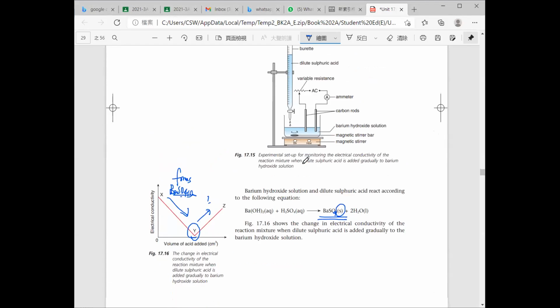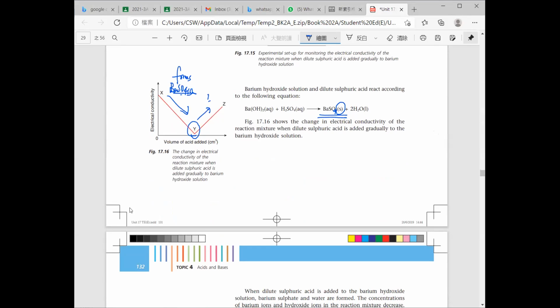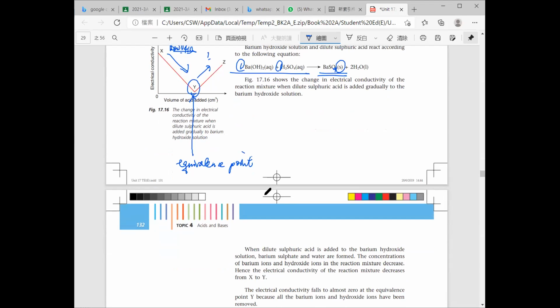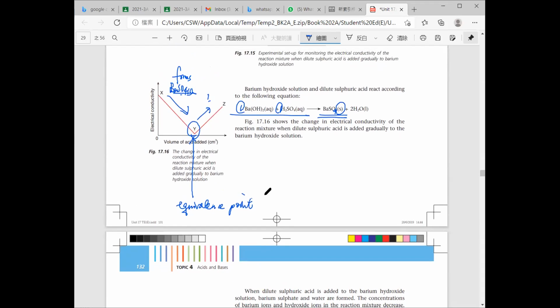What is Y in this case? We will call this the point where acid and alkaline exactly react according to the equation, the mole ratio listed in the equation. So we will call this the equivalence point. That is exactly when the alkaline and the acid react. Okay, can you get my point?